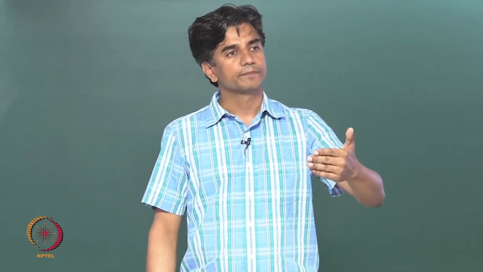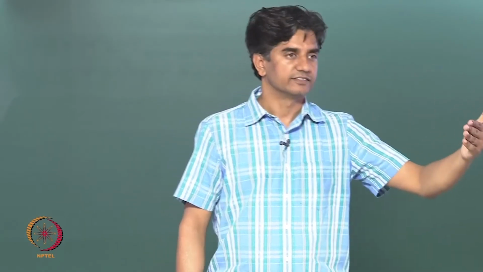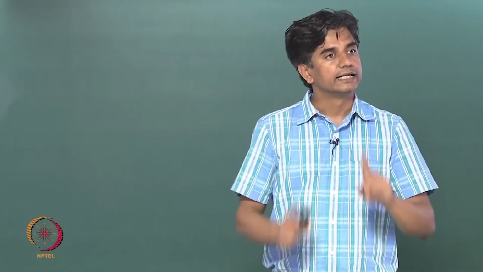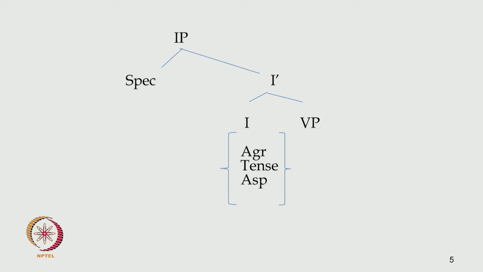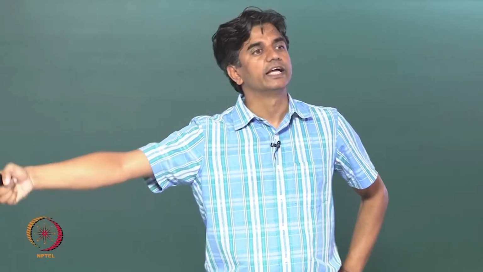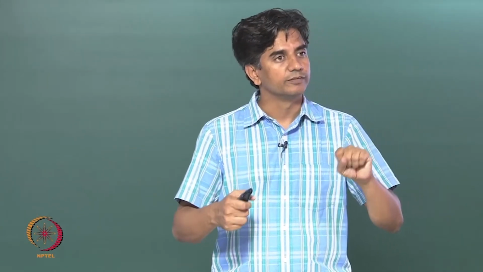That's a valid question, but that does not rule out its strength. The strength of IP is it clearly shows that the abstract categories, abstract elements, are the head of a sentence. Subject in the spec position and predicate in the complement position. That was the strength of the proposal of IP.